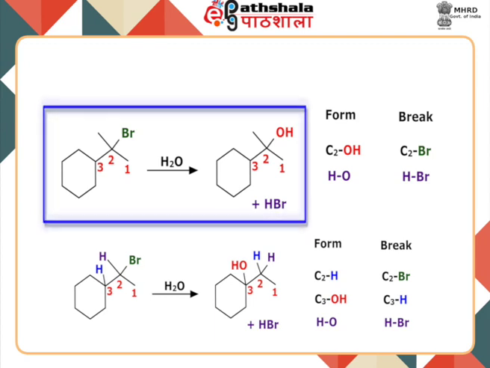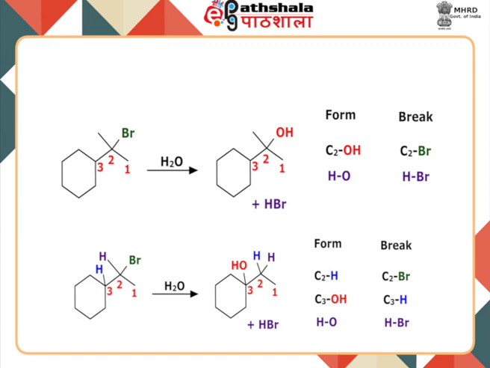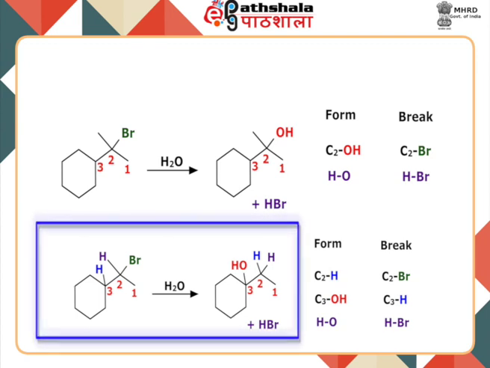But in this second reaction, the Br is at the same position where we had started in the earlier reaction, but the product, you now notice the difference, the OH is not just in place of Br, but it is at the adjacent carbon. So here it is the C2 with the Br bond which is breaking, but it is the C3 with the OH bond which is getting formed.